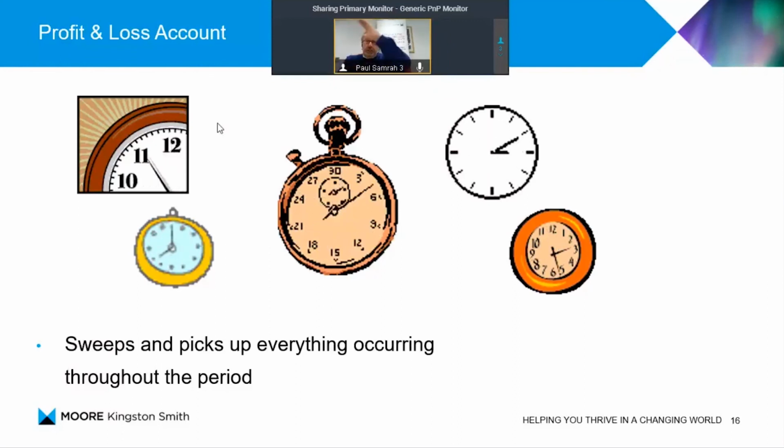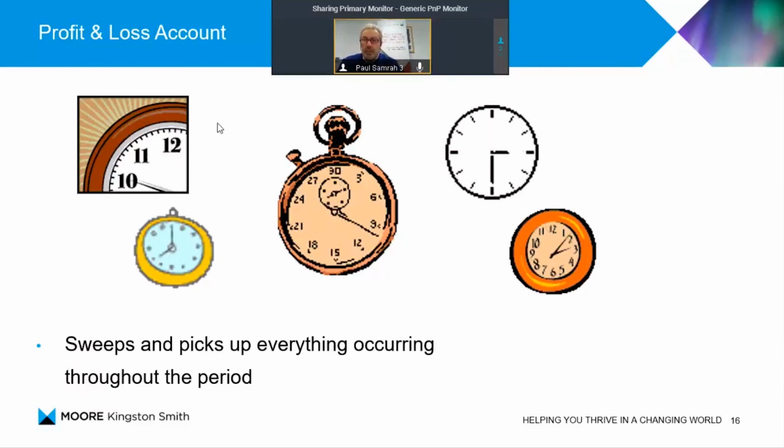So it picks up everything and sweeps, rather like the hands of a clock. Picks up everything that's occurred in that period, typically a year for accounts that are filed at Companies House. For management accounts, it might be just for a quarter, for 3 months. So it picks up everything that's occurred throughout that period.